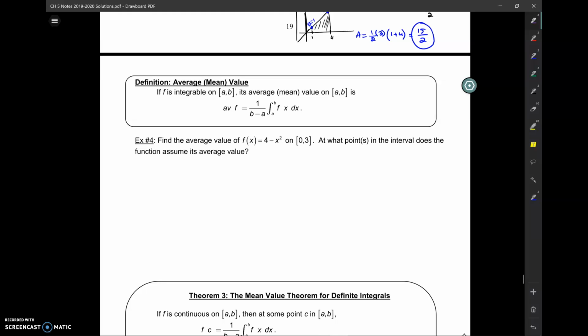Average value or mean value. Boy, have we seen that before? Yes, we have. We have seen average value before. That was not for integrals, right? It was with derivatives. So the average value of a function, if f is integrable.